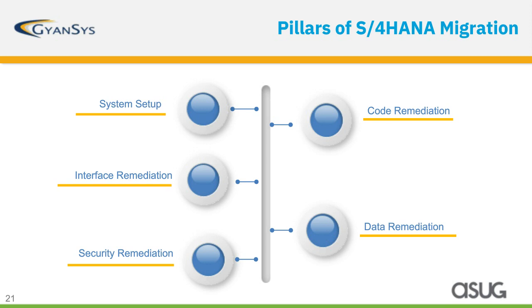So we'll have to see what kind of sizing is required, what the disaster recovery strategy is, and what the high availability strategy is. Those things need to be decided in the planning phase. System setup is also required for the migration activity, because we need to do an ATC check on a remote system.